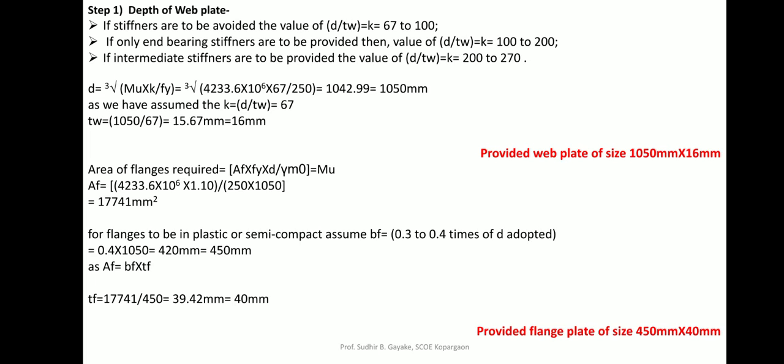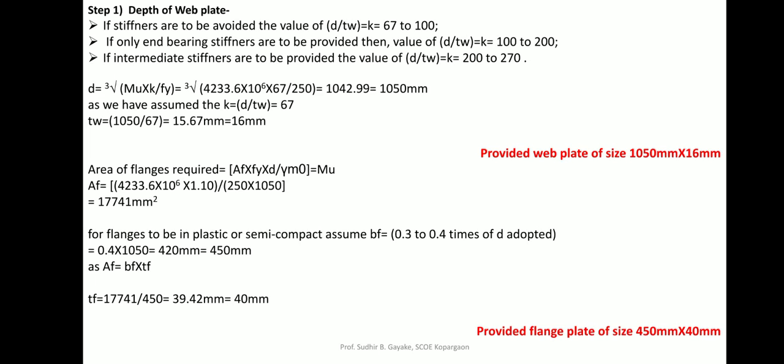These are approximation values, you can adopt a value in between. So initially, for the first condition, we are going to adopt the ratio d by tw as 67 epsilon. We'll go with the first value only, that is d by tw as 67.